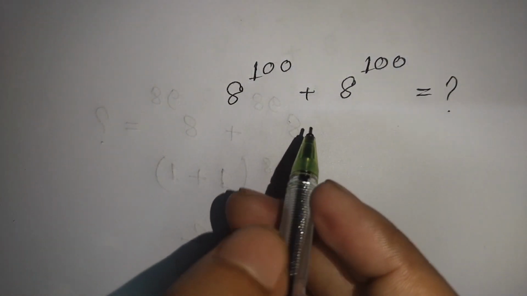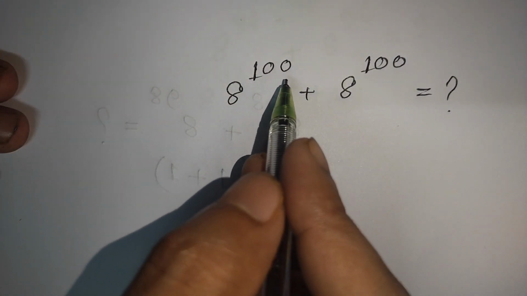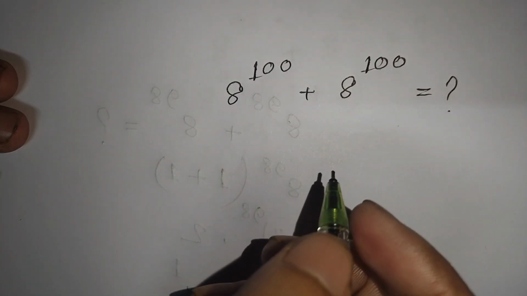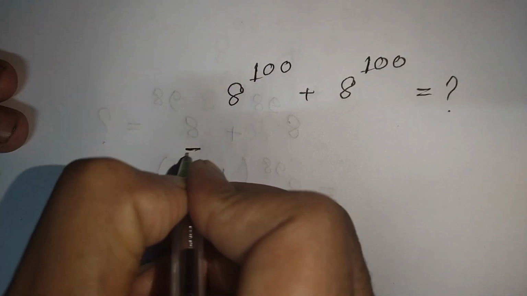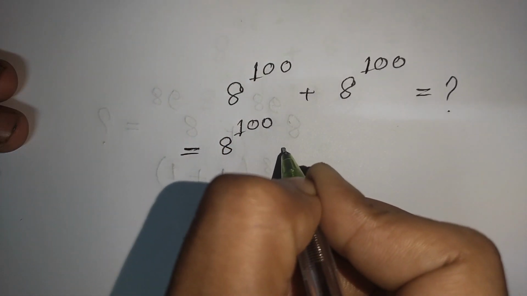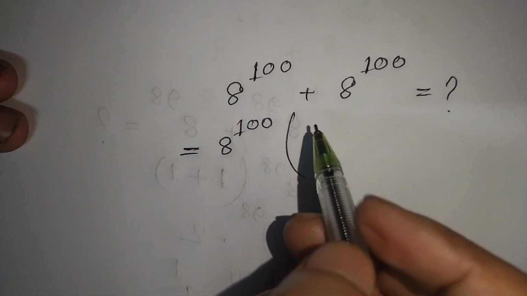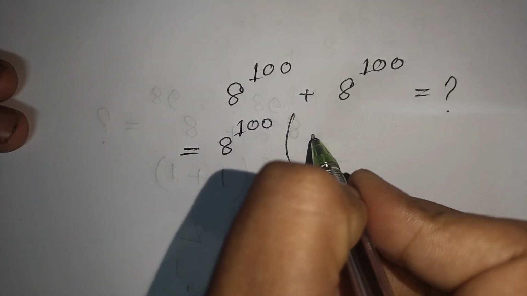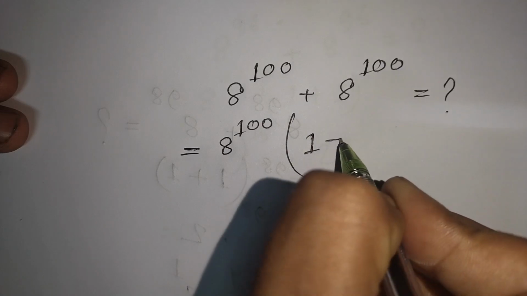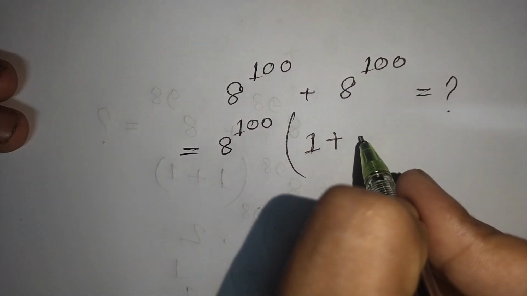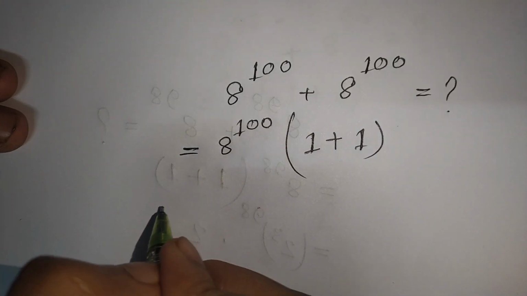How to solve 2^300 plus 2^300 is equal to what? At first we take 2^300 common. First the bracket starts. Then 2^300 divided by 2^300, that means 1, plus 2^300 divided by 2^300, that means 1.